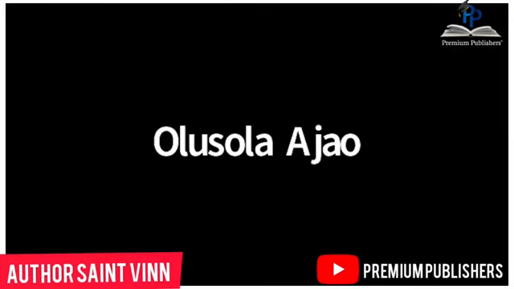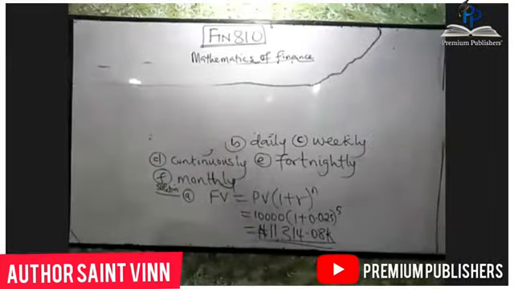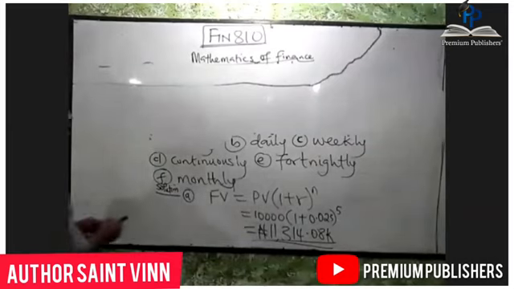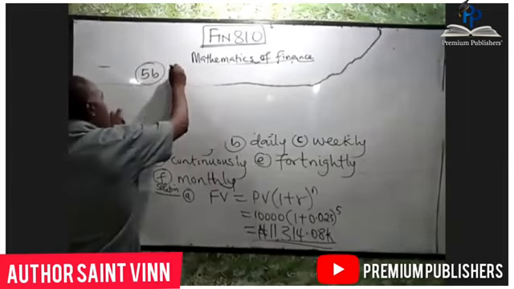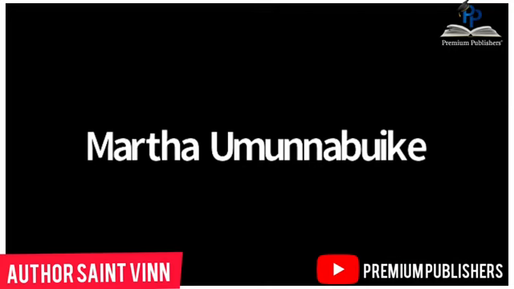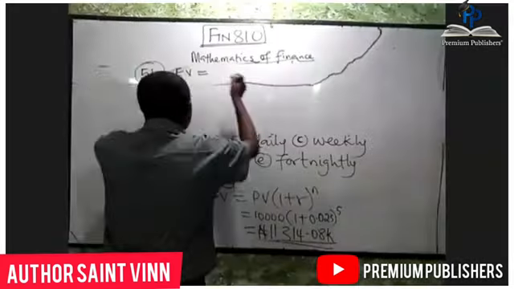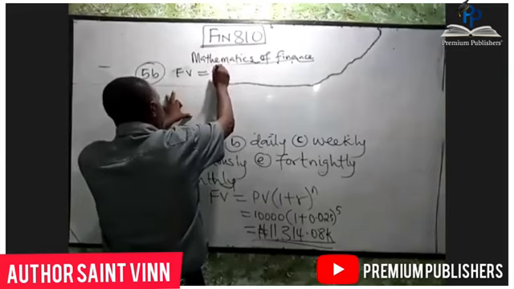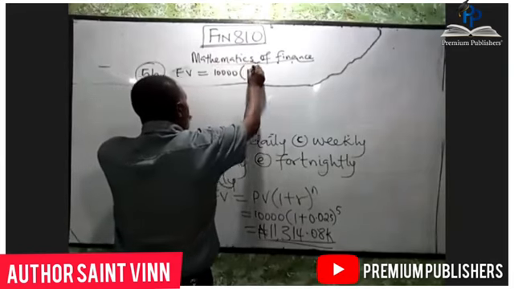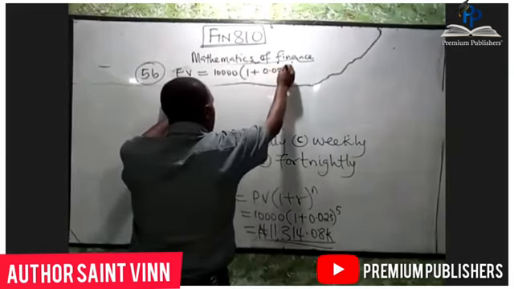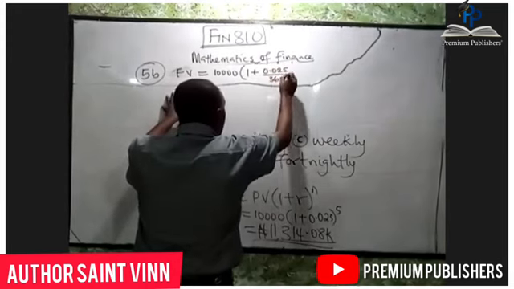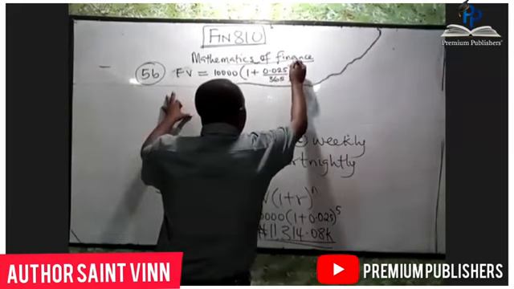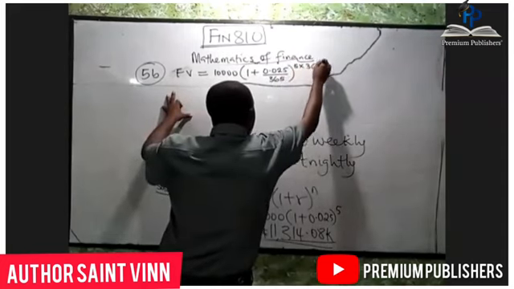We have taken care of A and B. We want to take care of 5B. So it's going to be 10,000 into 1 plus 0.025. The interest rate will be divided by the compounding, and the number of years will be multiplied by 365.